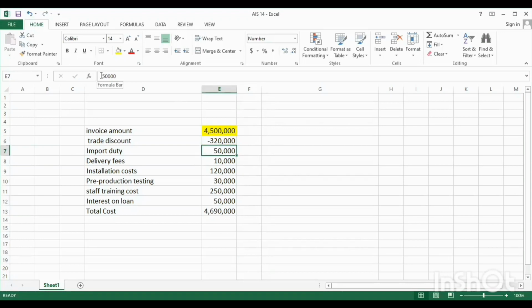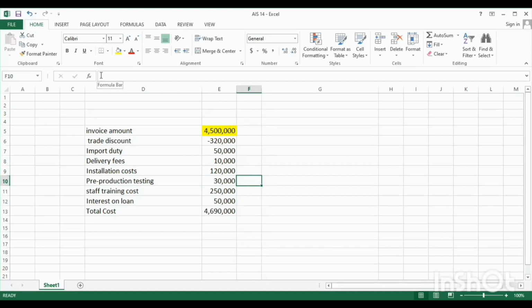Import duty. Should it form part of the asset? Yes, according to the guideline of IAS 16. Delivery cost. Yes, that is part of the elements of cost. Installation cost. That is correct. That's part of the elements of cost. Pre-production testing. That should be part of the elements of cost.